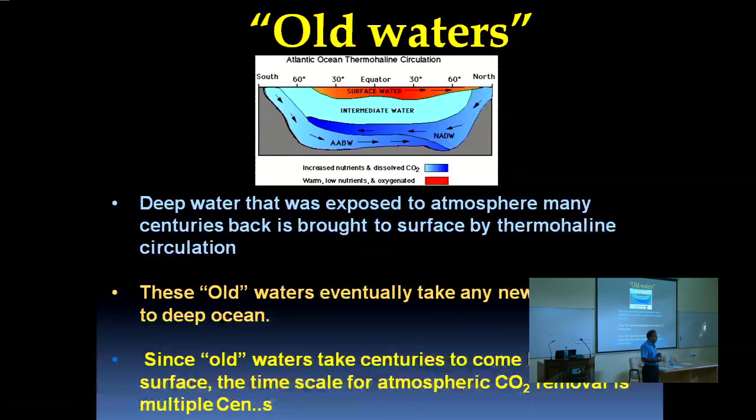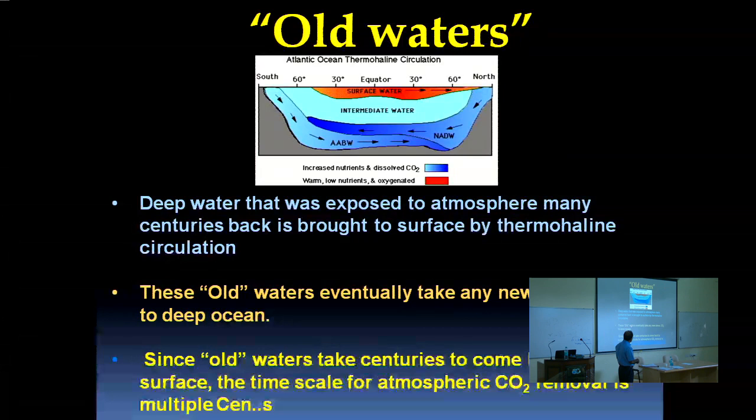Now the atmosphere is at a higher CO2 concentration. So that is why, when deep ocean water comes back to the surface, it has the potential to take up more CO2. I think that's what I have written here. Deep water that was exposed to the atmosphere many centuries back is brought to the surface by this thermohaline circulation.